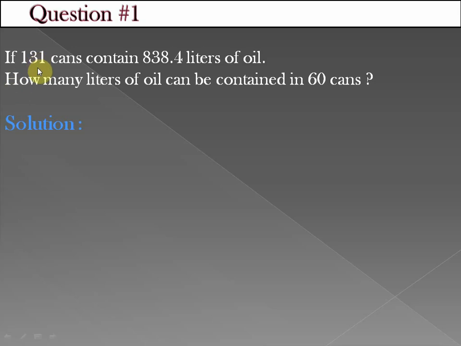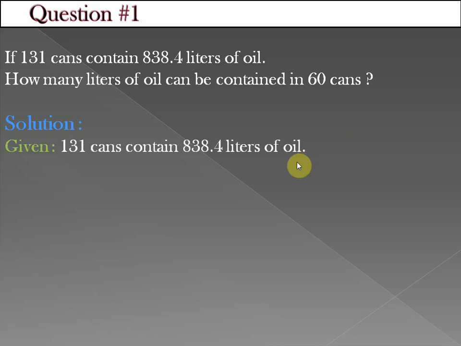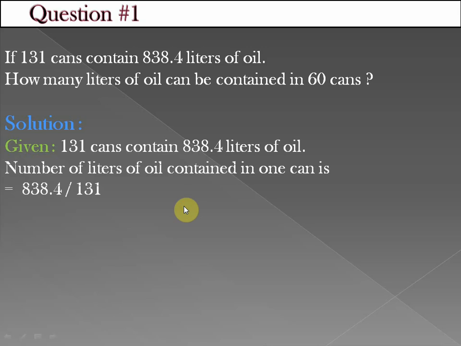Question number one is: if 131 cans contain 838.4 liters of oil, how many liters of oil can 60 cans contain? First we have to apply the unitary method to find the capacity of one can to contain oil.